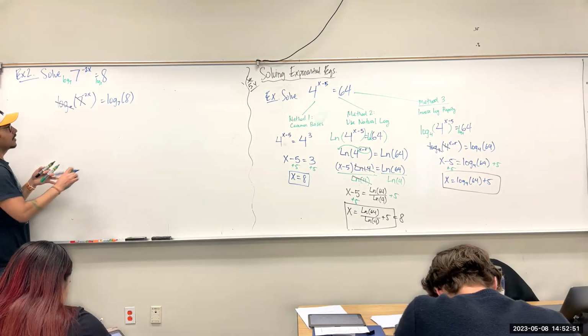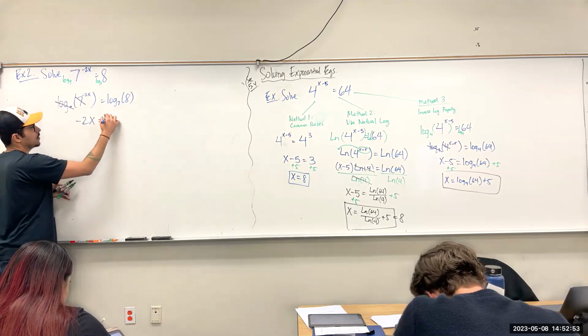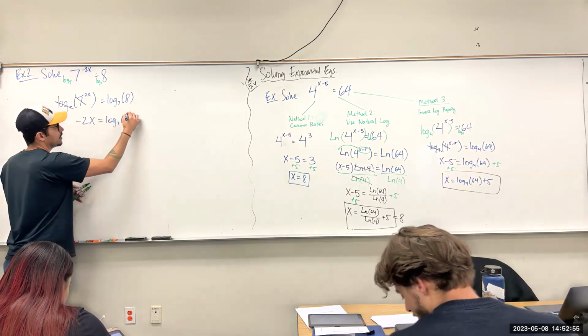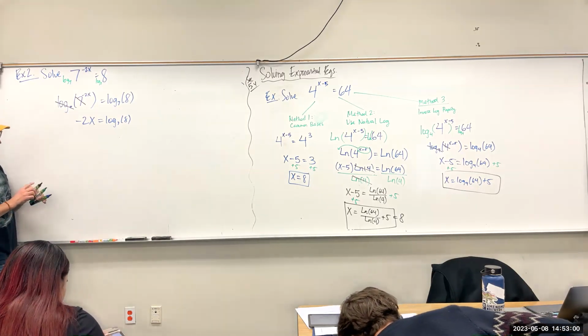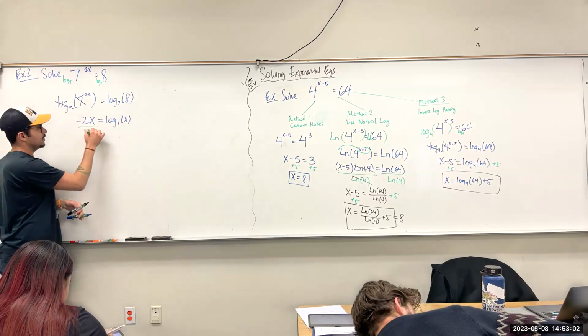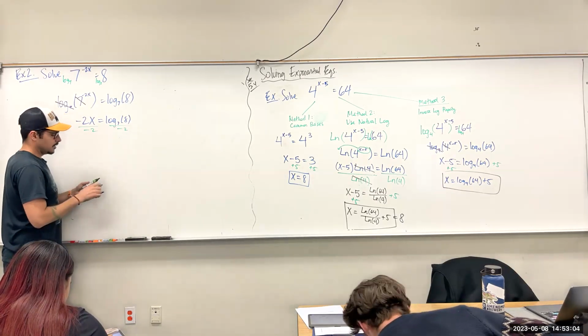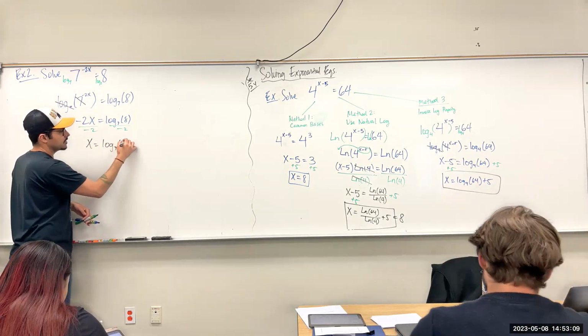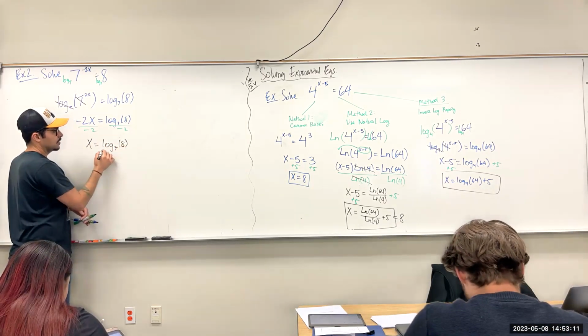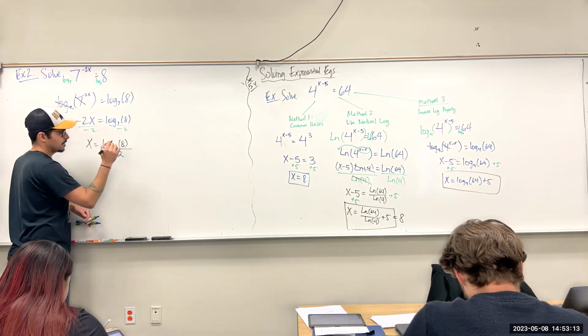So then I just get negative 2x equals log base 7 of 8. So how do we get x by itself? Divide by the negative 2. And then I'm going to end up with log base 7 of 8 divided by negative 2.